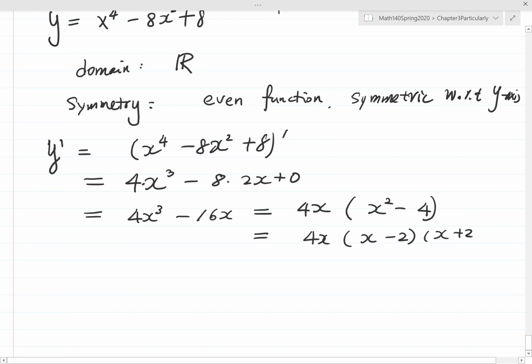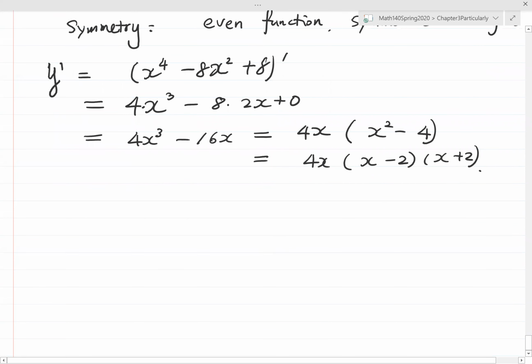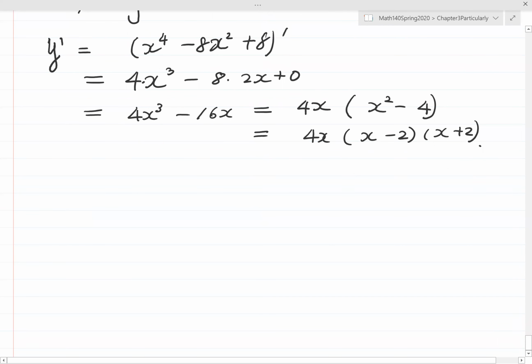And then we determine the intervals of increasing, when the derivative is positive or negative. Here we have three factors. If we let y prime be 0, then we have 4x(x minus 2)(x plus 2) equals 0.